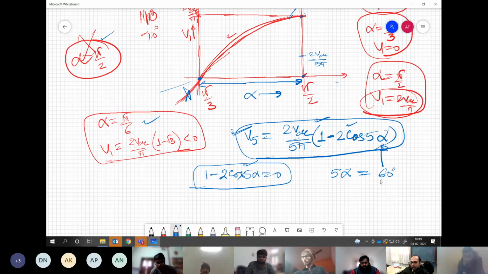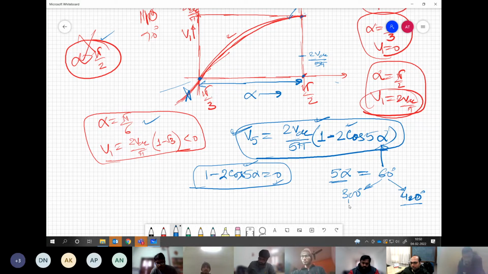So if this is true for 60°, this is also true for 300° and 420°. You add and subtract 360 and your result will remain the same, isn't it? You understand the point?